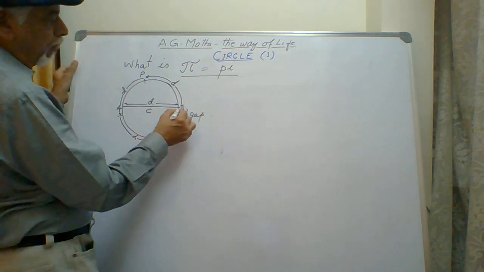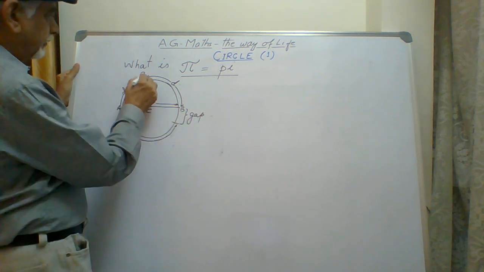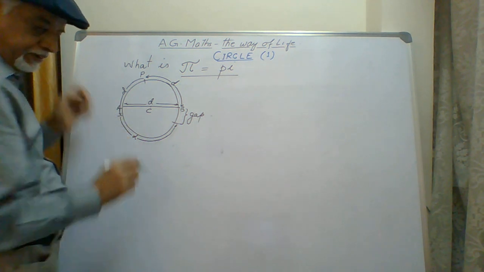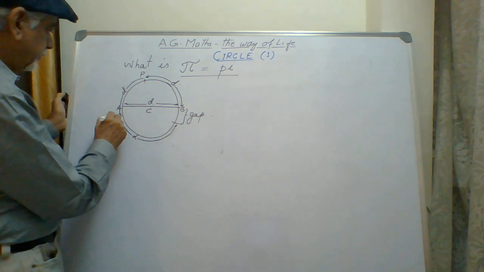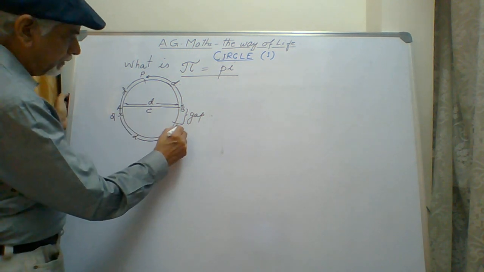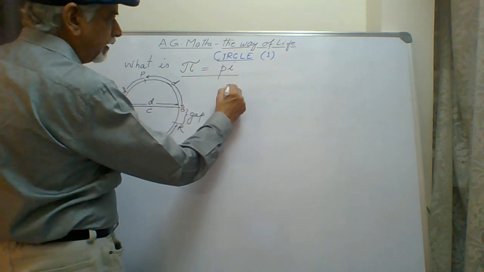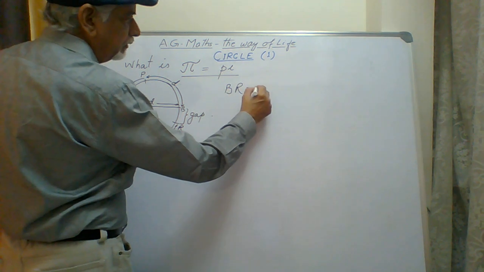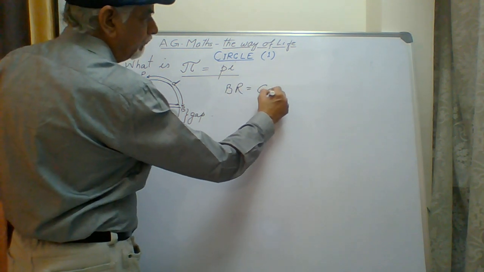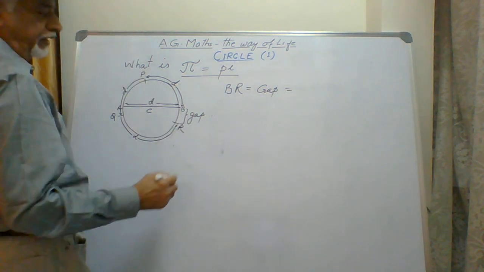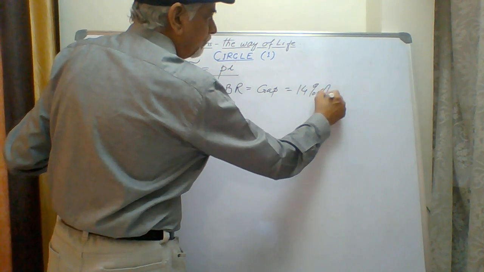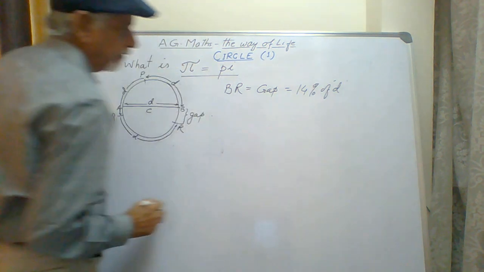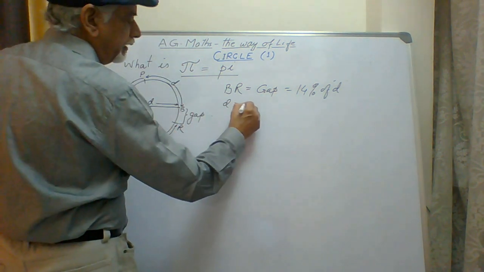This point is P, this is Q and this is R. Then BR is not covered, it is a gap. This gap was measured and found to be only 14% of the diameter D.